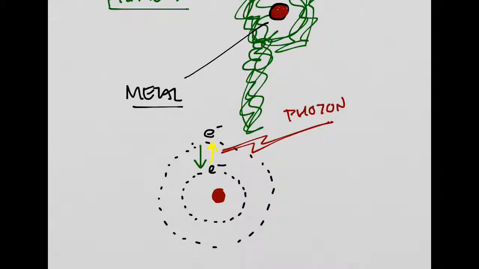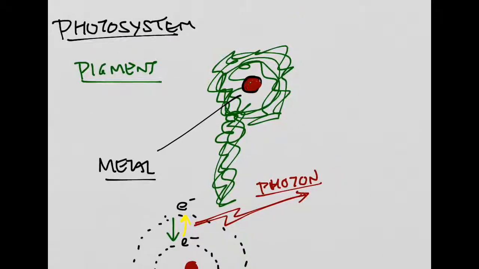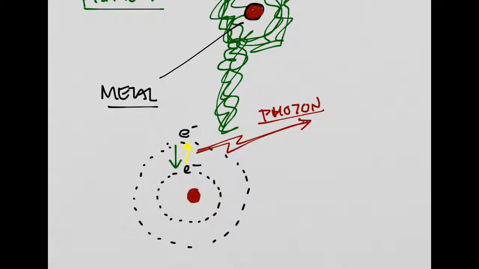Now, as you guys know, probably from physics, a photon is a packet of energy that is released. And in fact, we want to take advantage of that photon release. So, if we're talking about a pigment here, which has one of these metal centers, just like we have this metal right here, right? This is some metal atom.